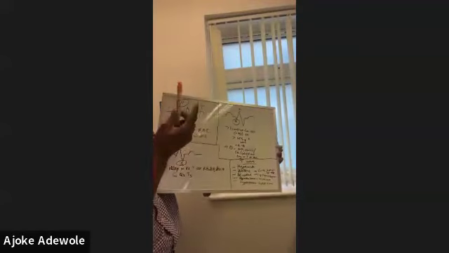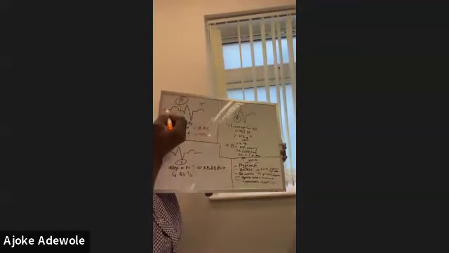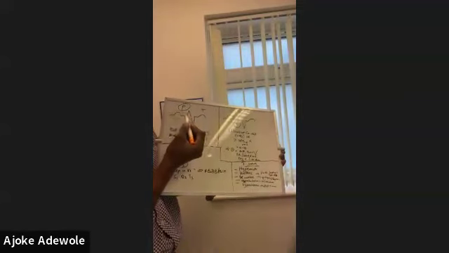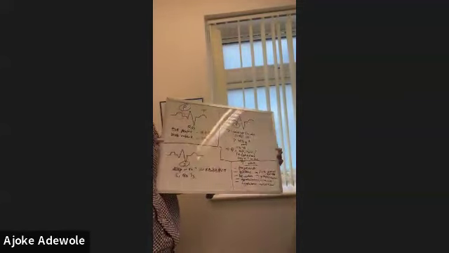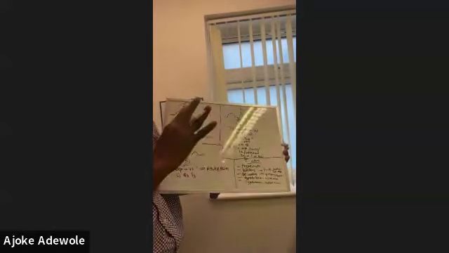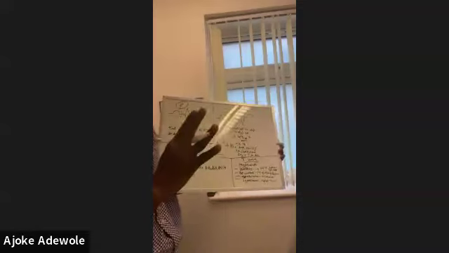With the P wave, it's very simple. This is your P wave here. It's the beginning. It signifies depolarization of the atrium. Depolarization just means electrical current is passing through the atrium. There will be other lectures, but just go with this flow.